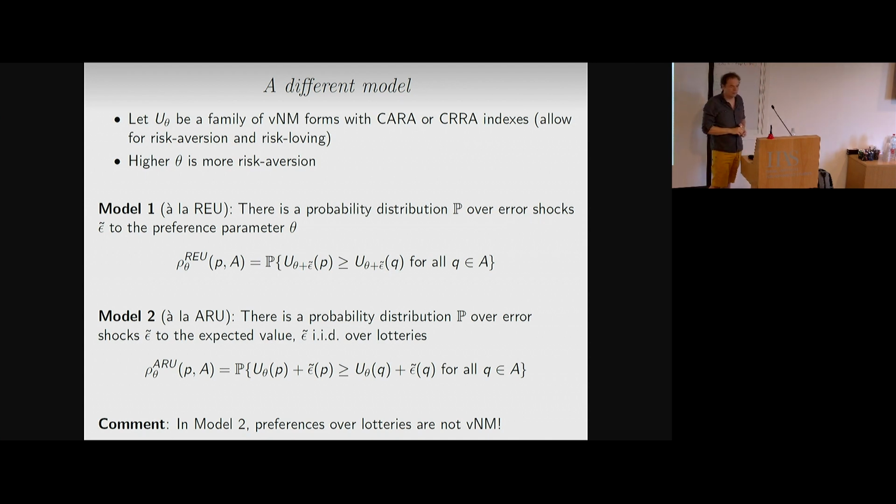And the words CARA mean constant absolute risk aversion. It basically says, if I give you $1 million, your risk attitudes towards incremental wealth are the same. And CRRA is basically, log is one member of that class. It's the same thing but multiplicative. So constant relative risk aversion.